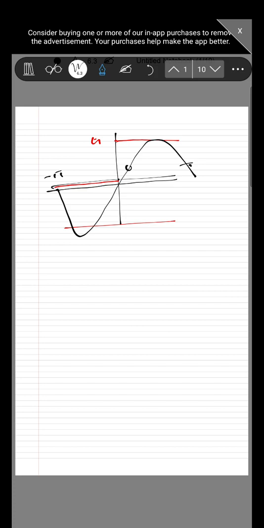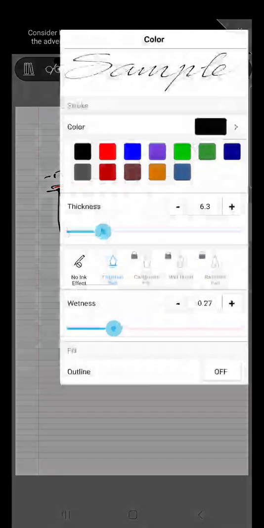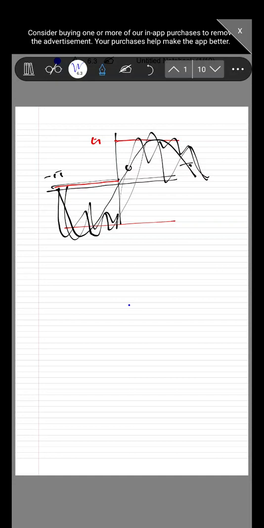For n equal to 3, like this, and so on. So it keeps on increasing.